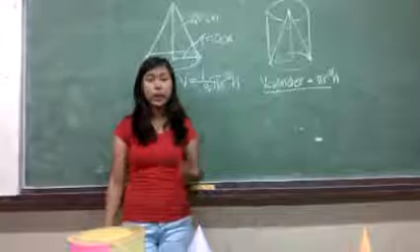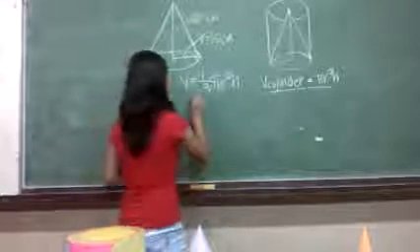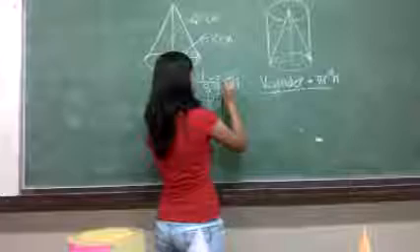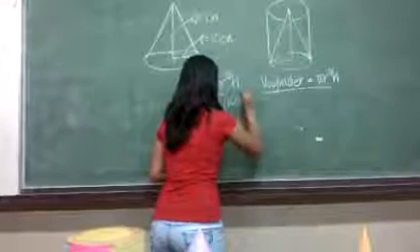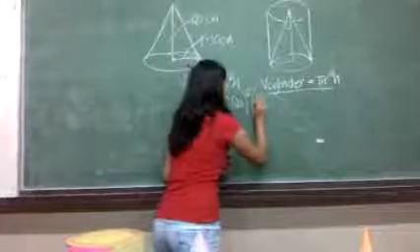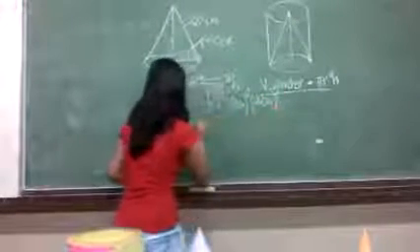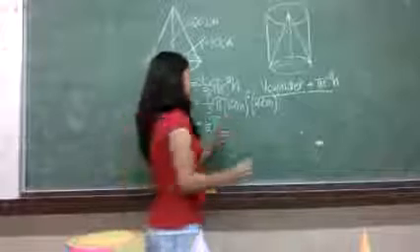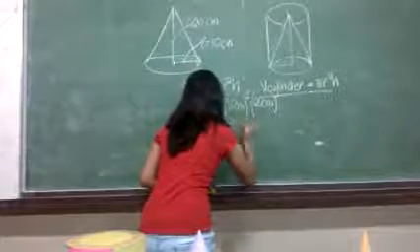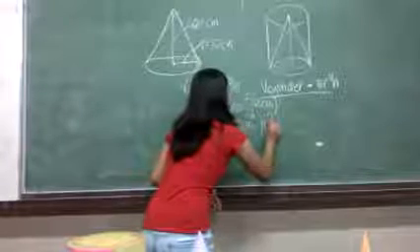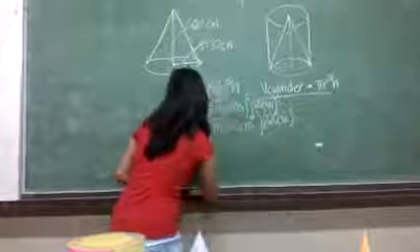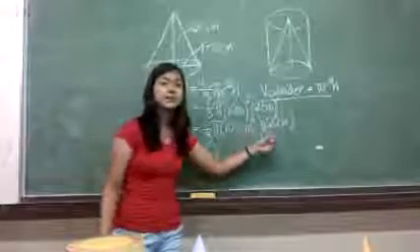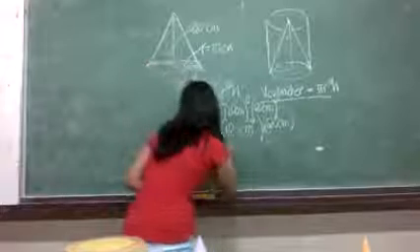Now that we have all we need, we can substitute the given values and then solve. So 1/3 pi, substitute r by the radius 10 centimeter squared, and the height by 20 centimeter. 10 centimeter squared is equal to 100 centimeter squared, times 20 centimeter is equal to 2,000 centimeter cubed.